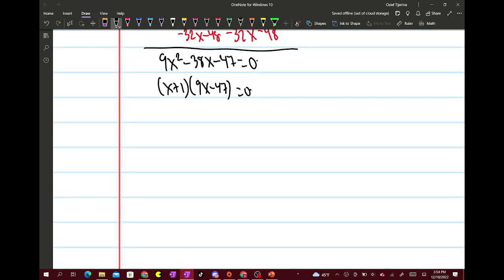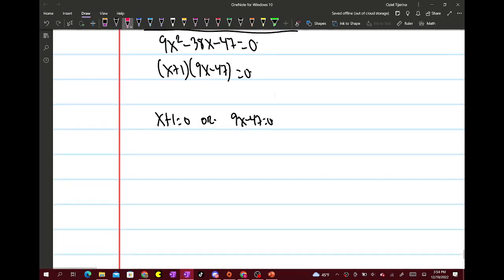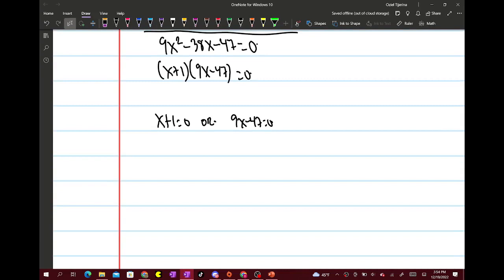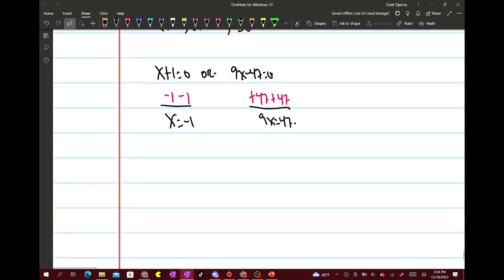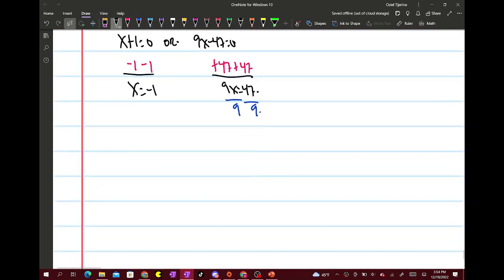So we have x plus 1 equals 0, or 9x minus 47 equals 0. So we would subtract 1 here, and we would get x equals -1, and then add 47 over here, and we would get 9x equals 47. From here we would divide both sides by 9, and we would get x equals 47 over 9.